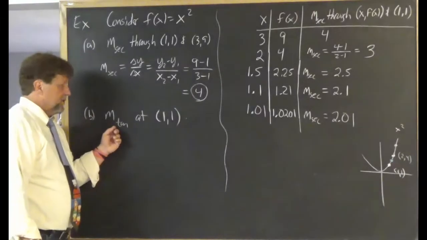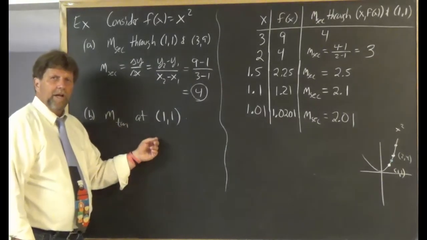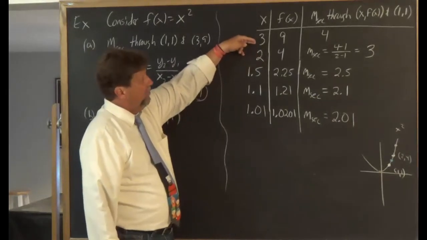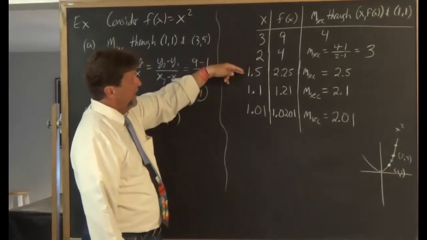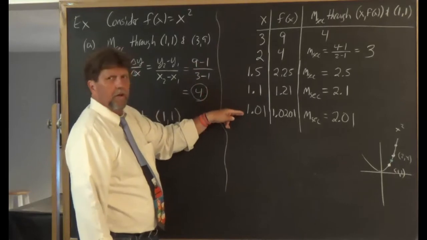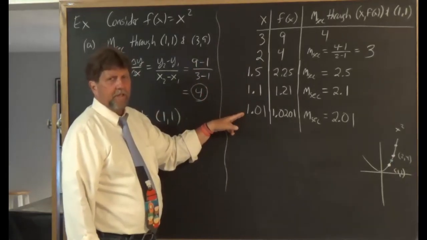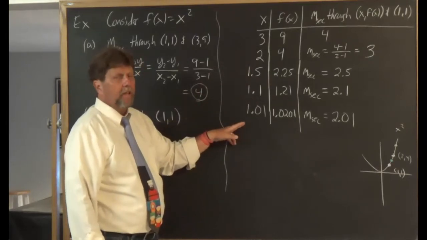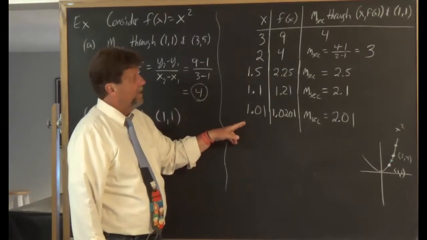Can we guess what the slope of the tangent line at 1, 1 is? As we picked our second point to get progressively closer to the point of tangency, 1, 1, these points are getting progressively closer to the point 1, 1.